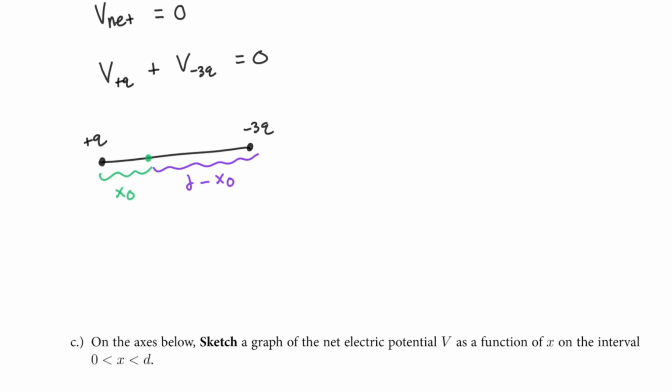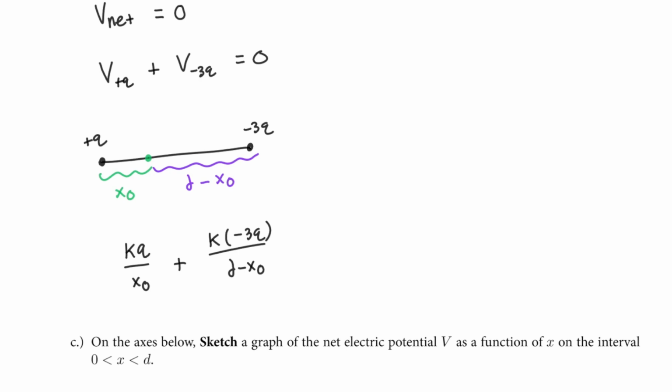So now this allows us to actually calculate our electric potential at each point, because kq over r for the plus q charge, well, r is just x0. And then for my negative 3q charge, it's still kq over r, except q is minus 3q, and r is d minus x0.